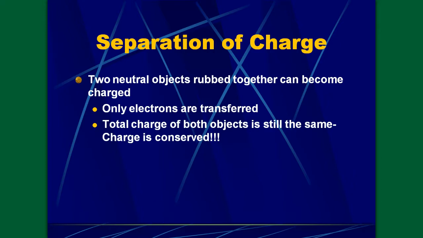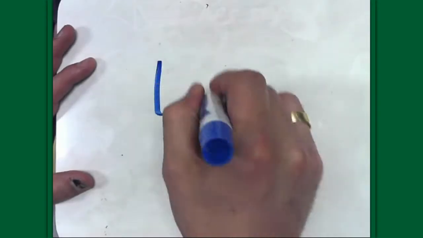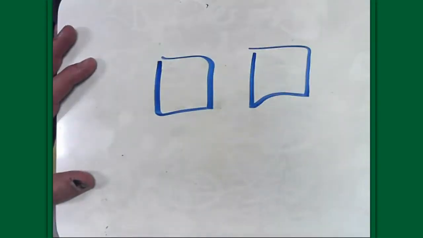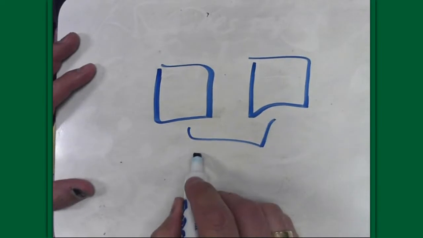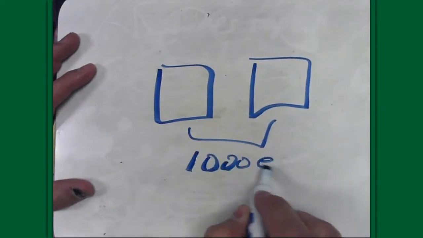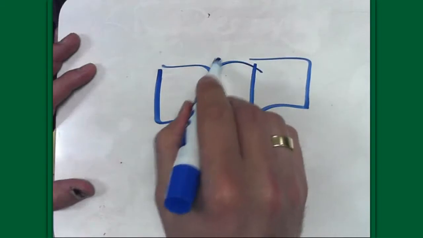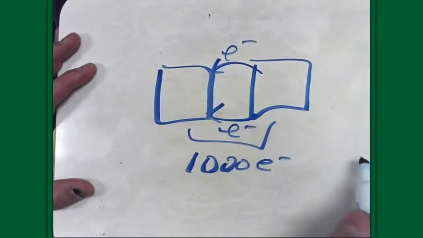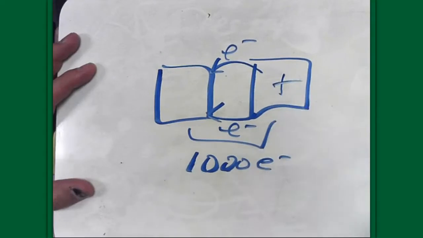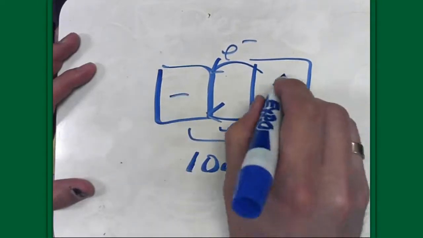Charge is conserved. And what I mean by charge being conserved is this: if we have two objects that get rubbed together, and the total before the rubbing in the two objects, let's say they have 1,000 electrons total, right? They rub together and perhaps the electrons get preferentially transferred from one place to another. Okay, so this object lost electrons, it has become positively charged. This one gained electrons, it has acquired a negative charge.